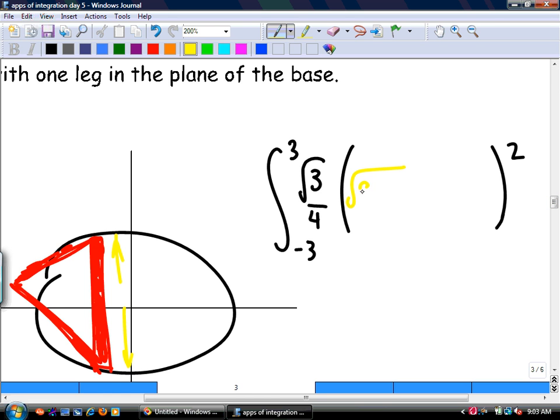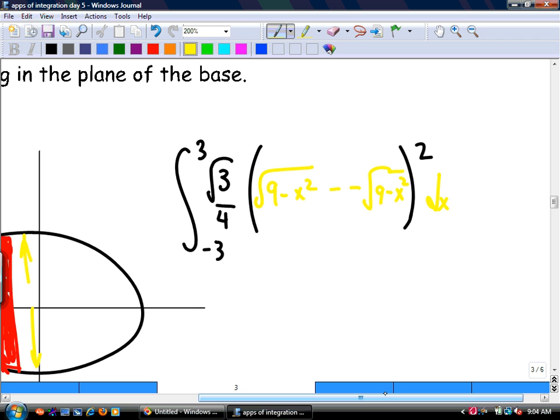It's just that, so 9 minus x squared minus -9 minus x squared dx. Do you want me to continue the cleanup process and say this is what it looks like when you're finished?